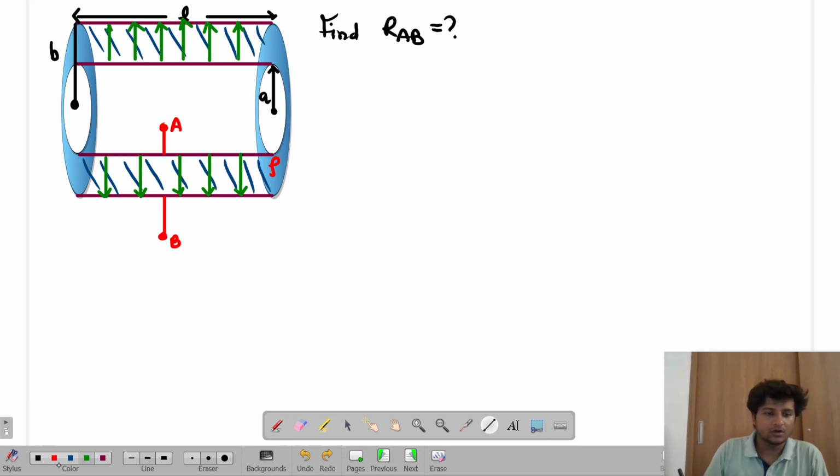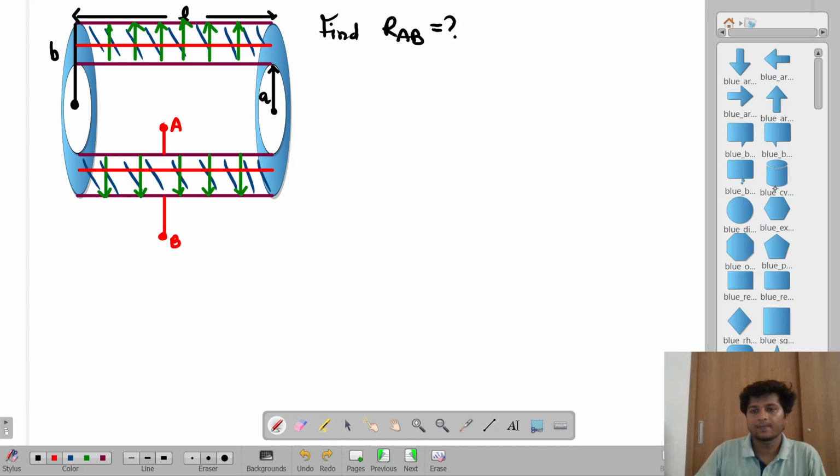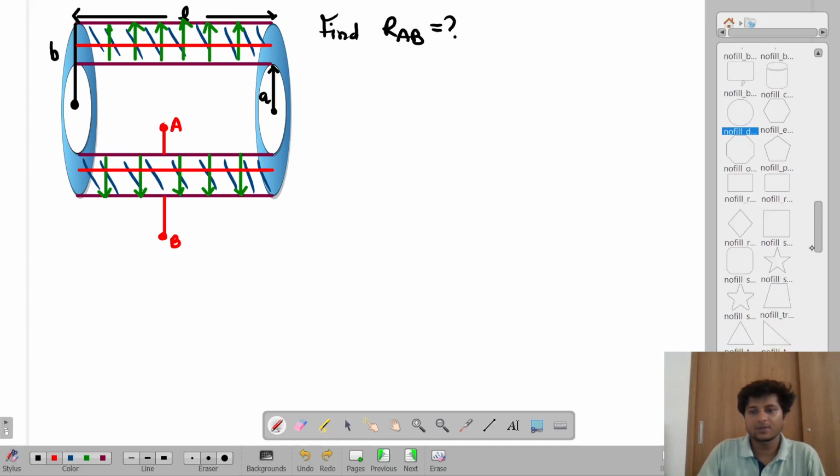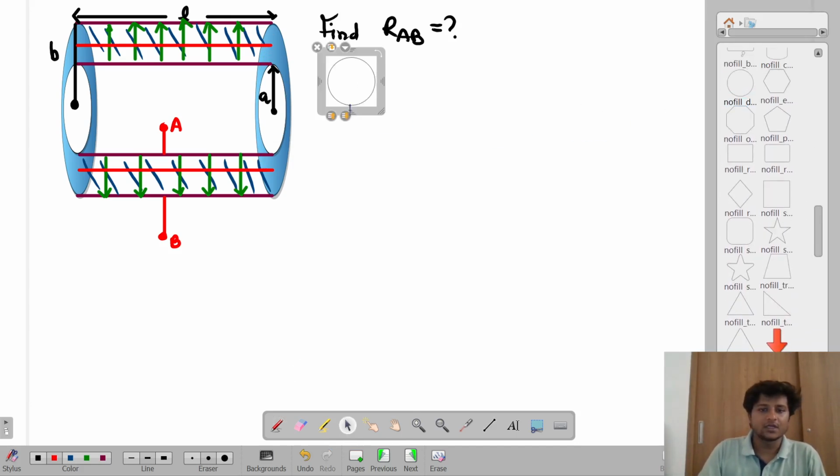Let us make it a hollow cylinder. Let us make it. That's better. So in between it, I can consider one hollow cylinder over here or not? Yes. Now that hollow cylinder can be considered of some thickness and some radius, isn't it?